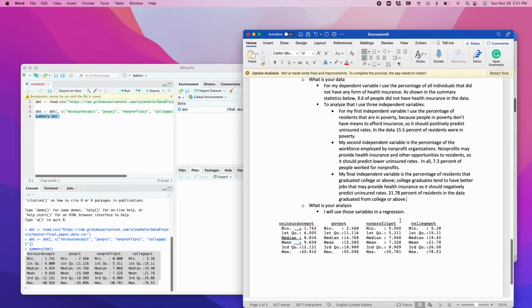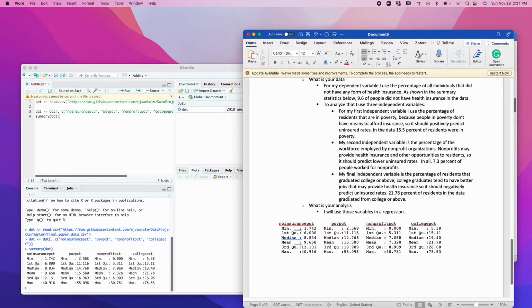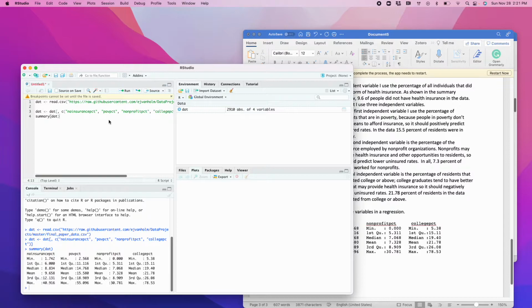Great. So now I want to add a graph for at least my dependent variable. And there's a few different ways you could do this. So most of the data is continuous variables, and this goes back to the chapter on graphing. What do we want to do with a continuous variable? If you want to just graph it or graph the four variables individually, you can do a histogram.